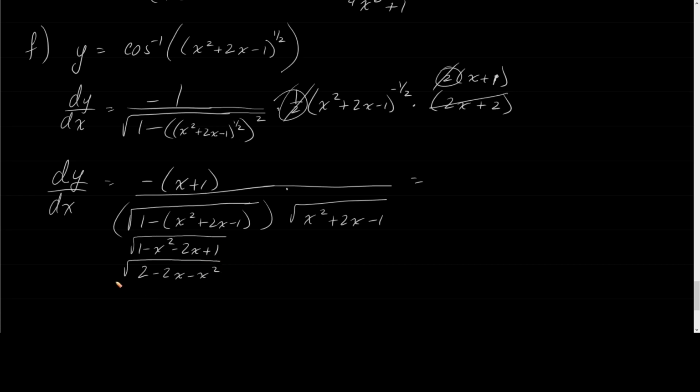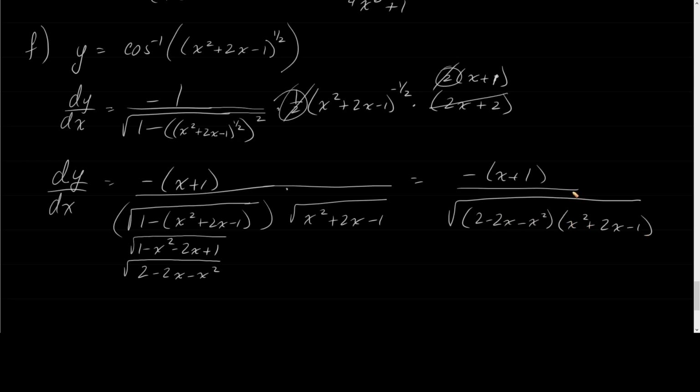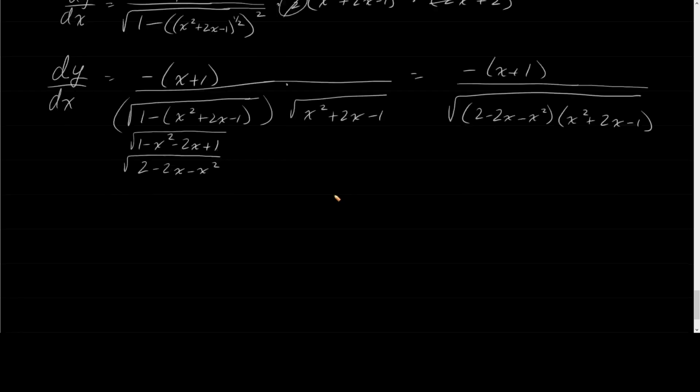So I'm going to write it as the negative of x plus 1 over, notice that both of these have radical signs on them, the radical of 2 minus 2x minus x squared times x squared plus 2x minus 1. I'll leave it as that. There's no point in going any further, but it would be fine if you stop here. So that was F.